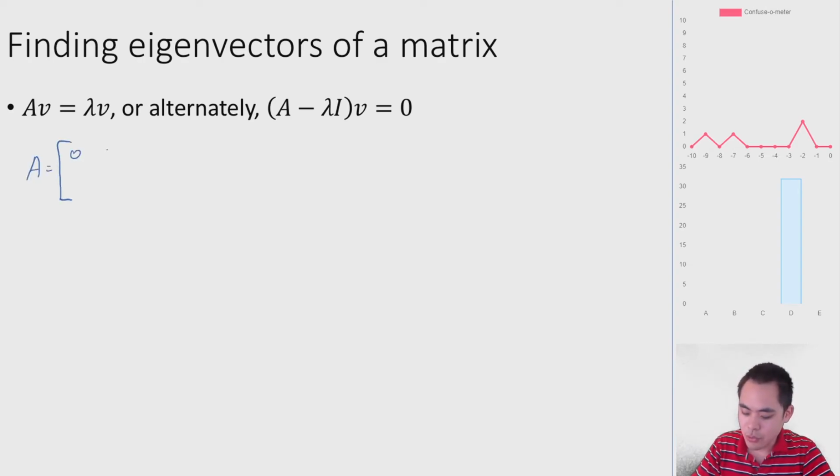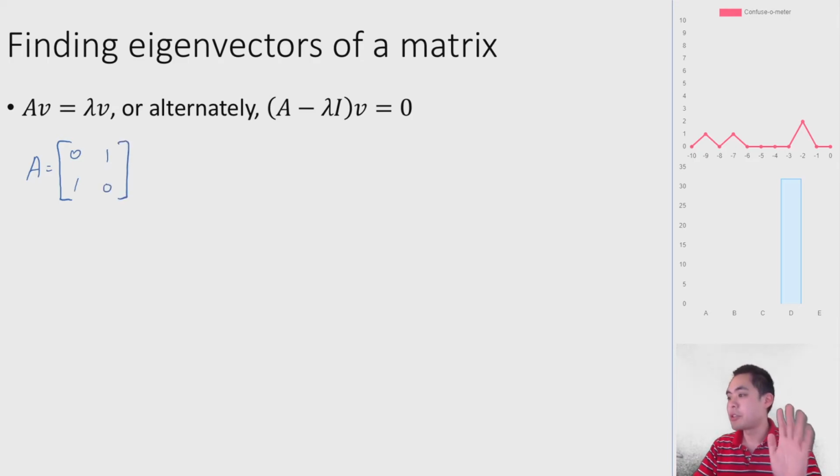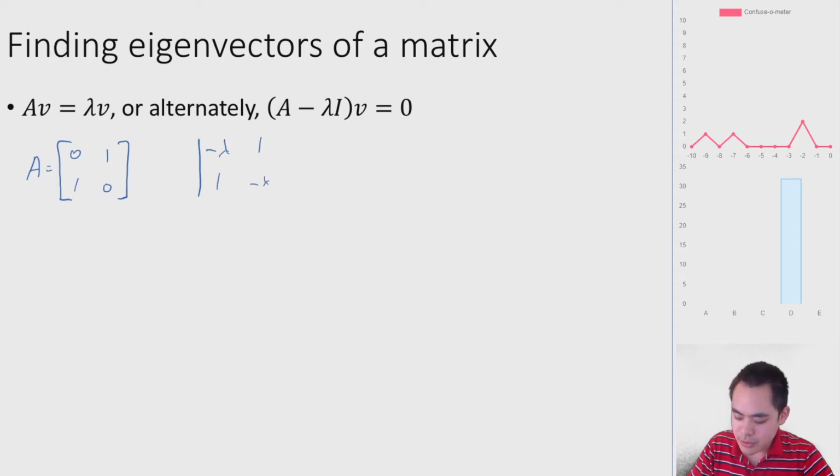A is equal to [0, 1; 1, 0]. This is a good example. This is not a diagonal matrix, and we'll see this when we look at the eigenvalues. So you get minus lambda, 1, 1, minus lambda. This is A minus lambda I. Take this determinant, and you get lambda squared minus 1 is equal to 0.